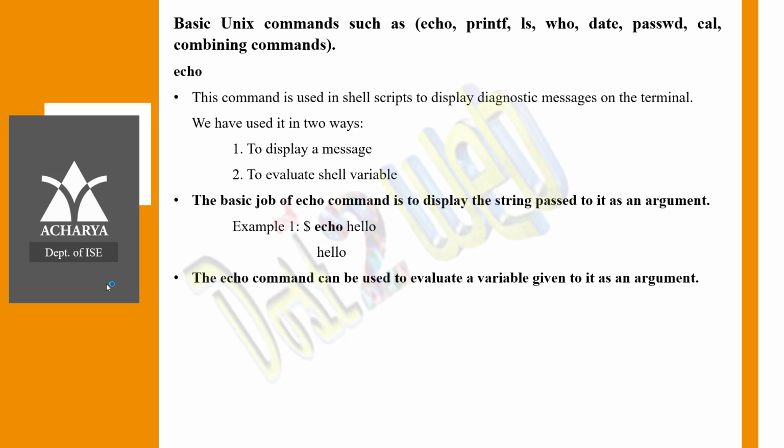How will it work? First we have to create a variable. How to create a variable? You have to type any variable name is equal to some number, and give it. Type, everyone.